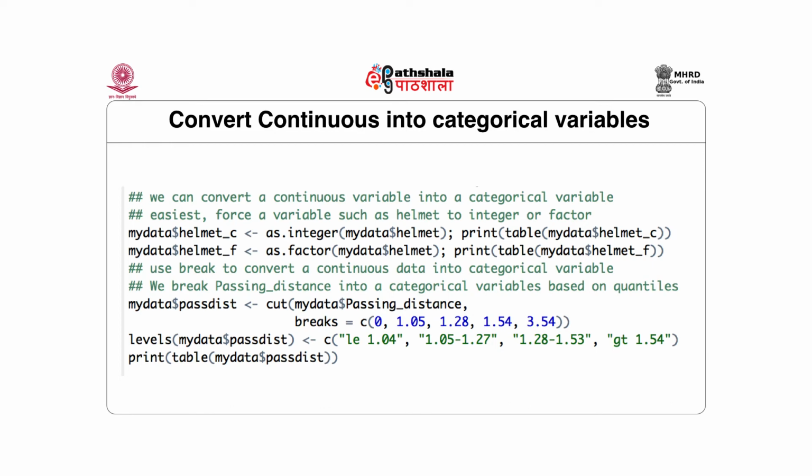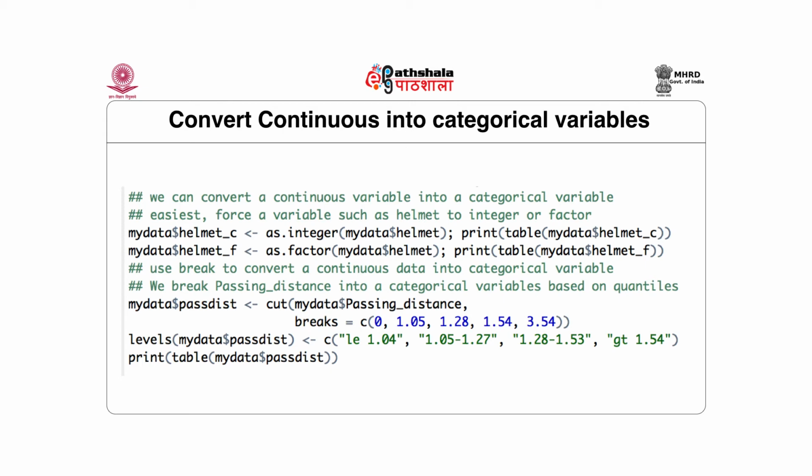We have taken helmet, which is kind of a continuous variable, and we have forced it to become what is known as a factor variable, a factor level variable, with its own levels, and these levels are preserved. For example, we have created helmet_f as helmet becoming a factor, and what we have done is take helmet and convert it into a factor. Okay? So we've converted that into a factor level variable. We have forced it.